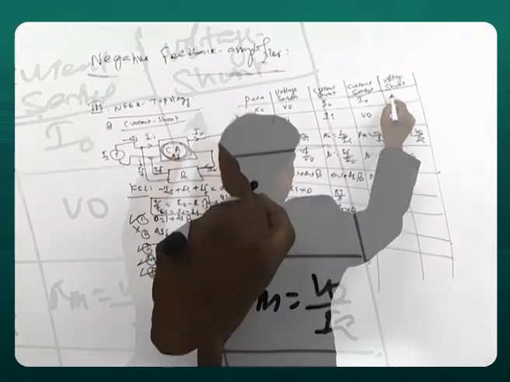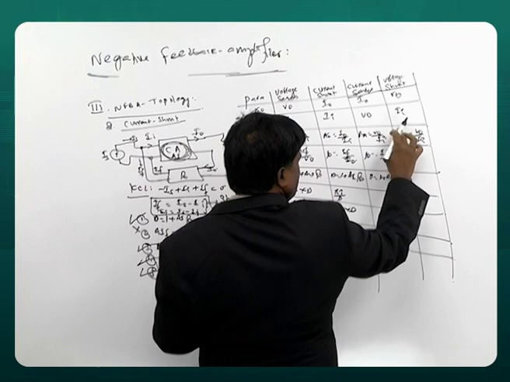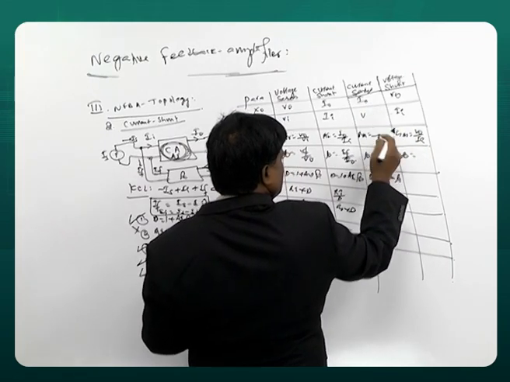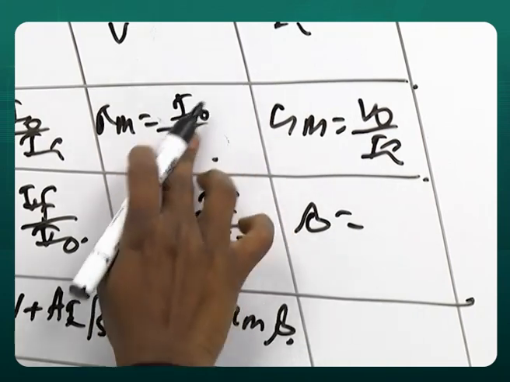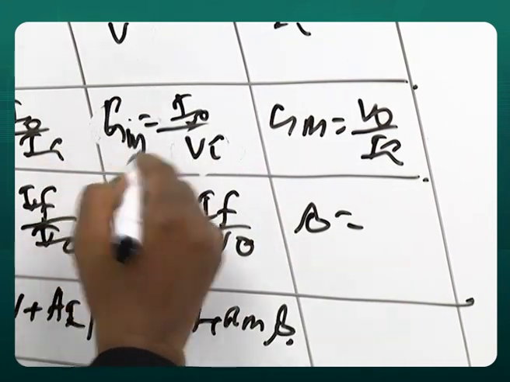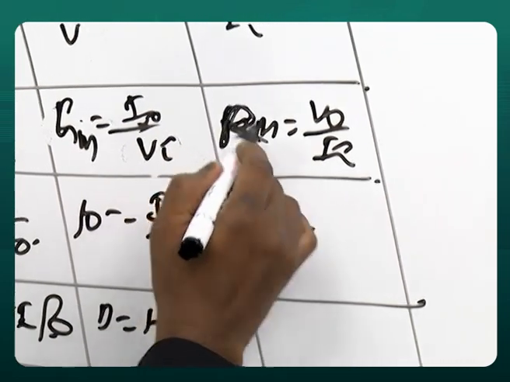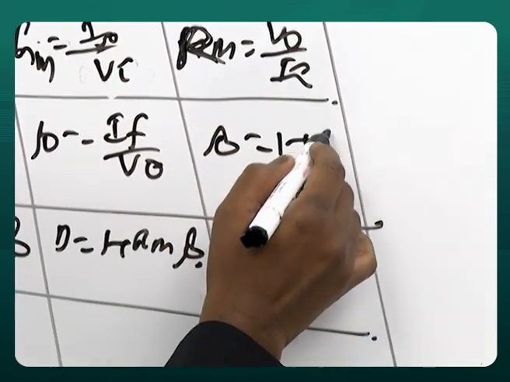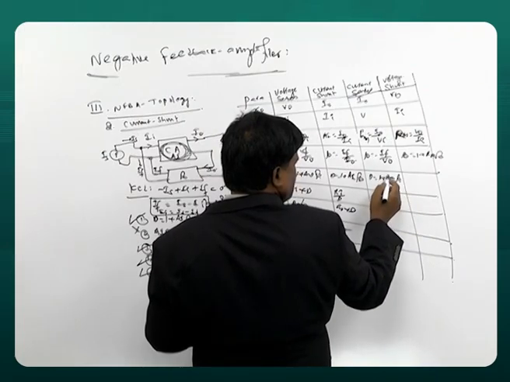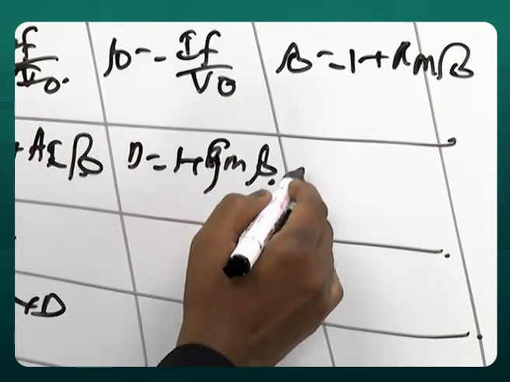Voltage shunt, output is voltage, input is current: voltage by current, this is Rm, 1 plus Rm beta, this is Gm beta.